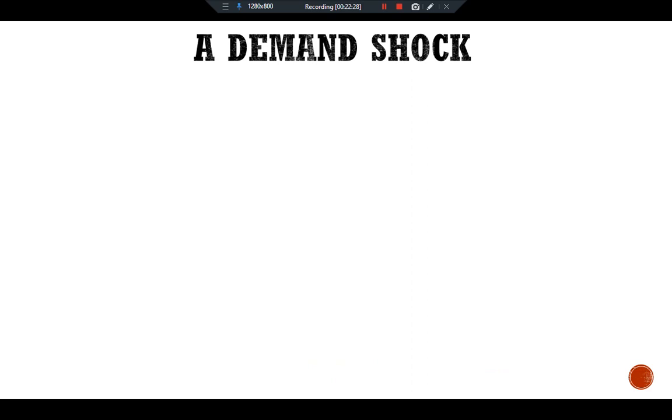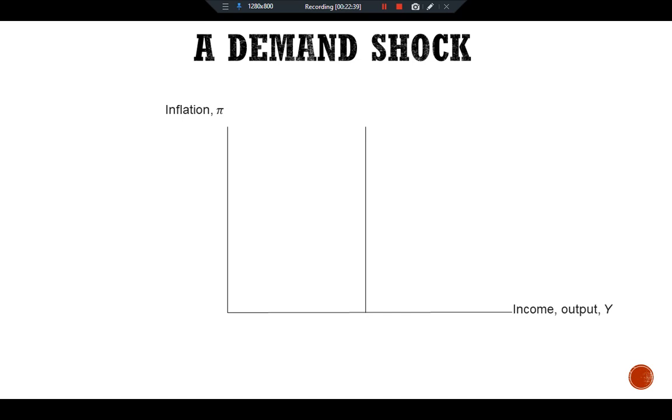We have the demand shock, with income output y on the x-axis and inflation pi on the y-axis, and we have the natural level of output y bar for all the time periods, and a dynamic aggregate demand curve for the last period up to the next fifth year.